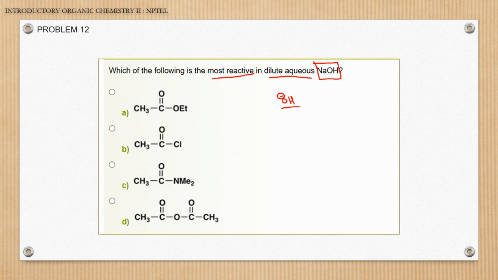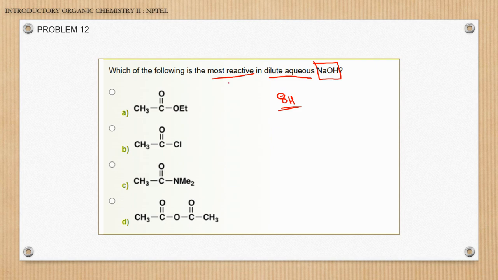We have previously discussed, guys, that here nucleophilic substitution is going to take place in the dilute aqueous NaOH reaction, right? So we have discussed that in the nucleophilic substitution reaction, acid chloride is highest in reactivity, then acid anhydride, then ester, and then amide.